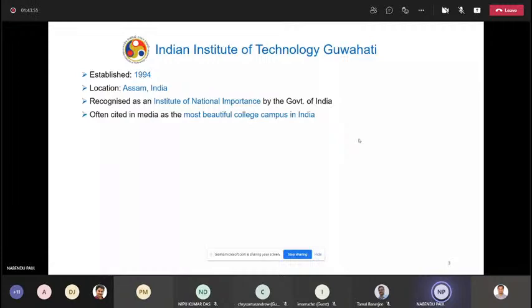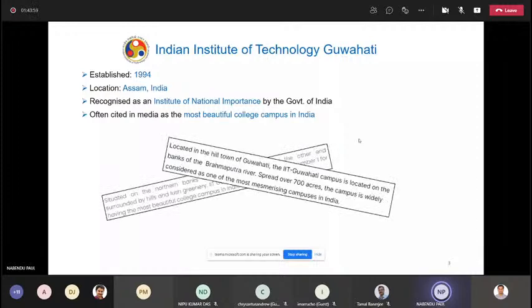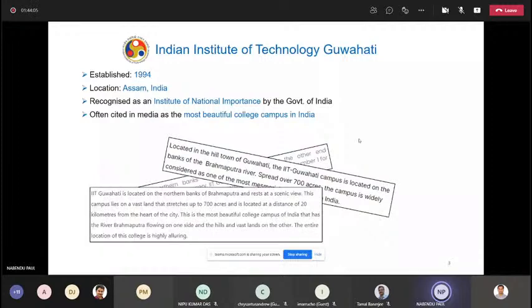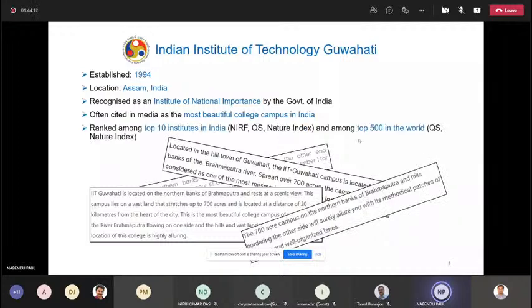It is often cited in the media as the most beautiful college campus in India due to its natural and scenic beauty. It covers around 700 acres. It is also ranked among the top 10 institutes in India in NIRF, QS and Nature Index, and among the top 500 institutes in the world by QS and Nature Index.